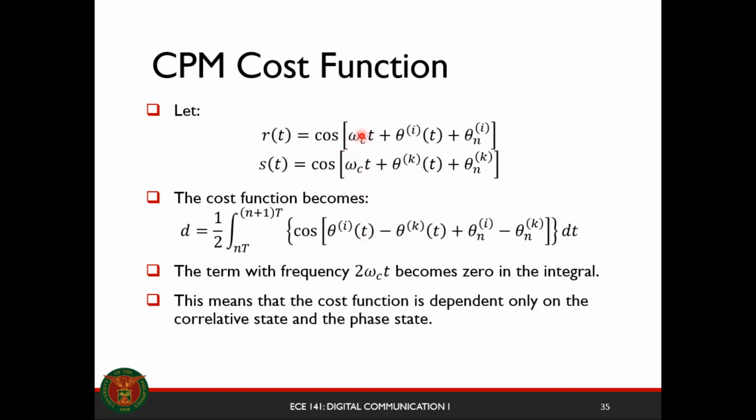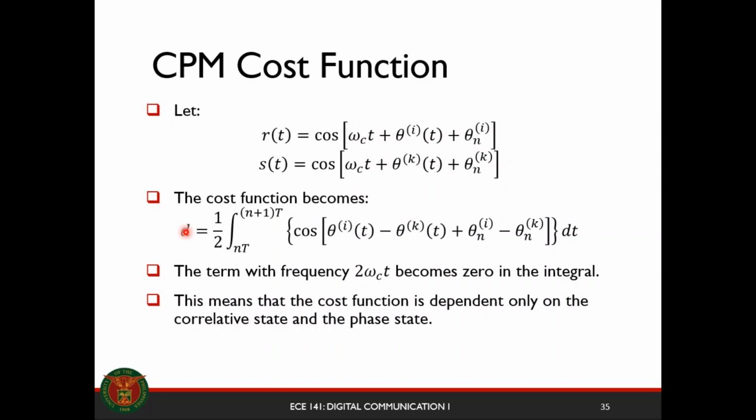The addition terms of these multiplied cosine functions, the term with 2 omega ct, becomes approximately 0, which will leave this expression right here. And what this says is that your cost function is mainly dependent only on the correlative state and the phase state. So if you get the difference between them, you're actually getting your cost function D.